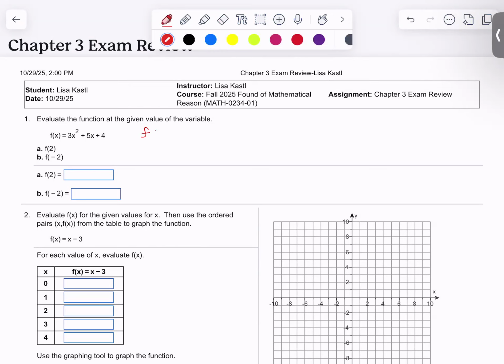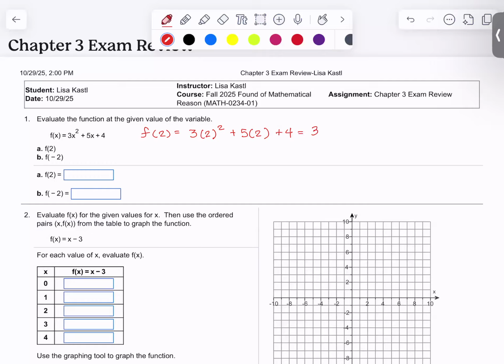To evaluate this function at 2, we are going to replace the x in the function with the number 2. So we have 3 times 2 squared plus 5 times 2 plus 4. And so now we're going to do the arithmetic here.